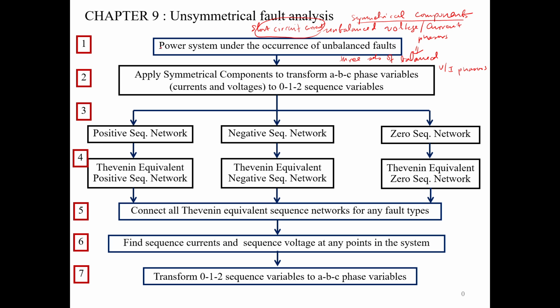So these are the steps, number 1 to 7, for how to analyze different types of faults. We start from the first one on the flow chart: the power system is under the occurrence of unbalanced faults. Then, with the power system operating in unbalanced condition, you apply the symmetrical component to transform the ABC phase variables, which could be either voltage or current, into the sequence variables.